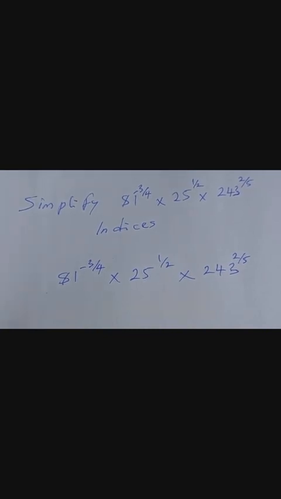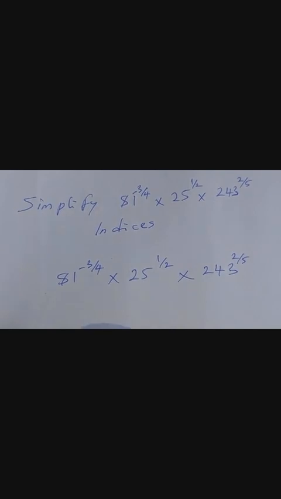Before we begin to apply the laws of indices here, we'll first break the bases down to their very simplest square root numbers, before we apply the laws of indices to simplify as the question demands.